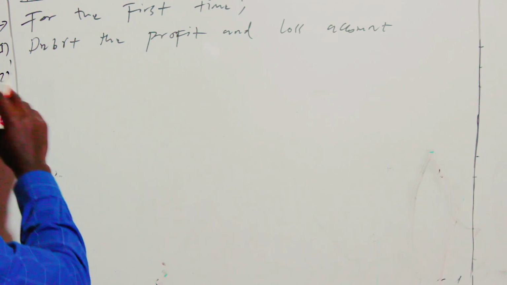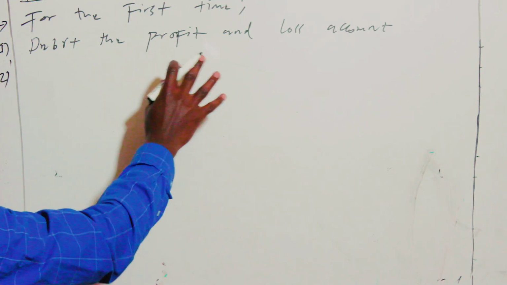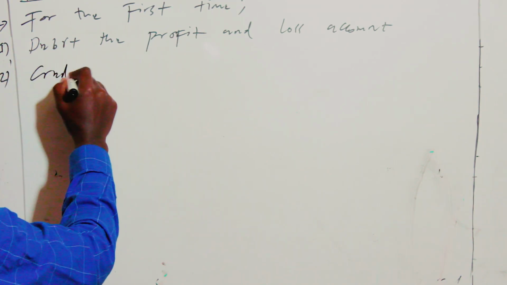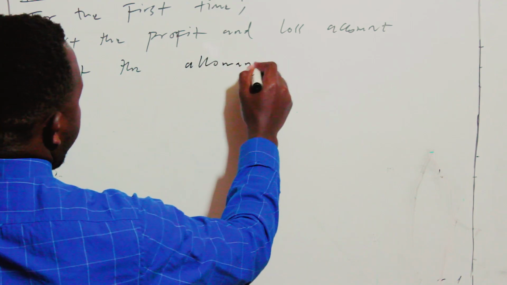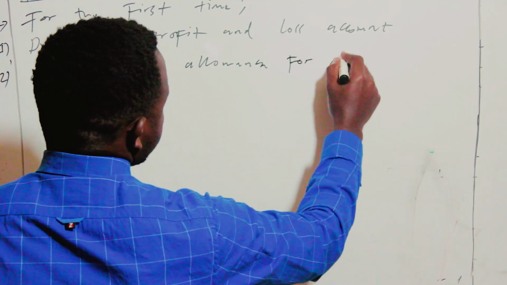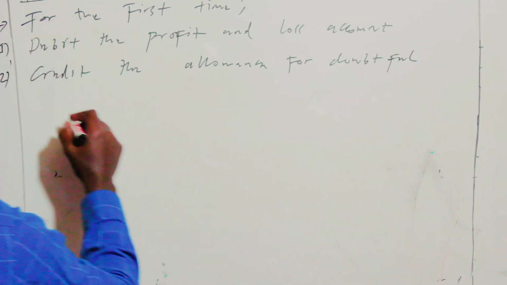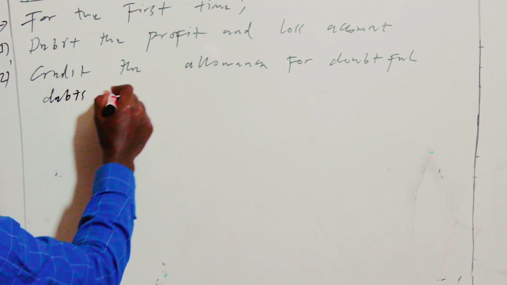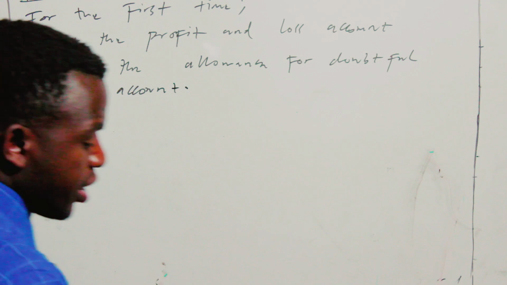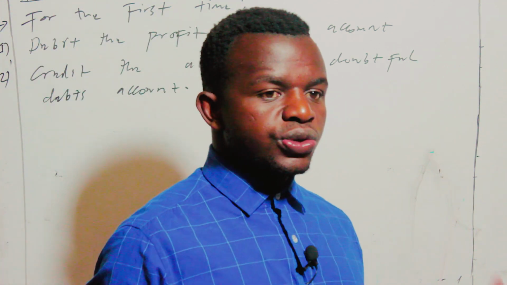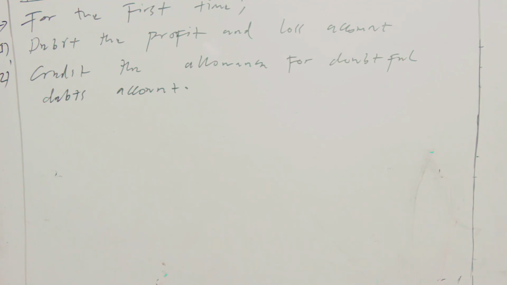Then we're going to credit the allowance for doubtful debts account. So this is the double entry system, and I'm going to give an example that is going to help us understand this point.